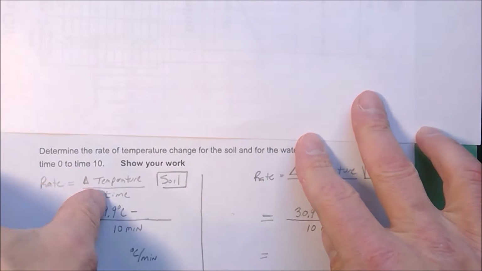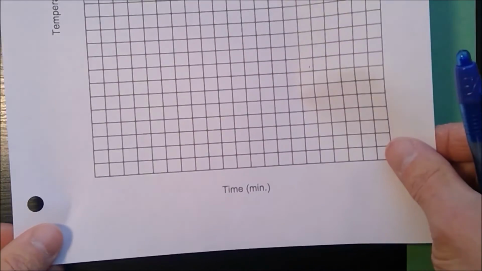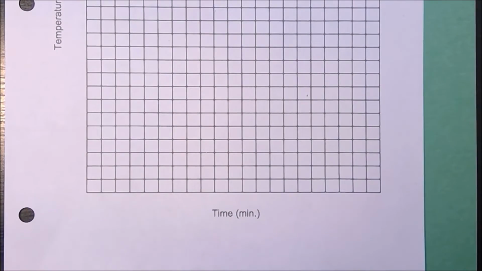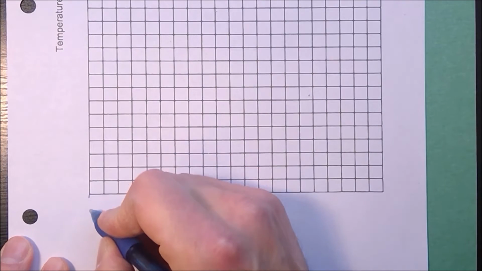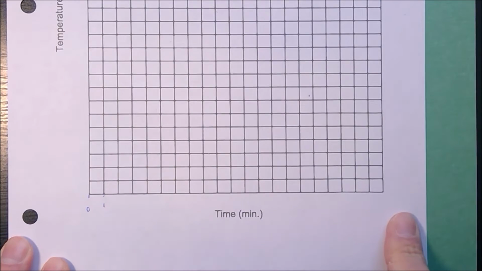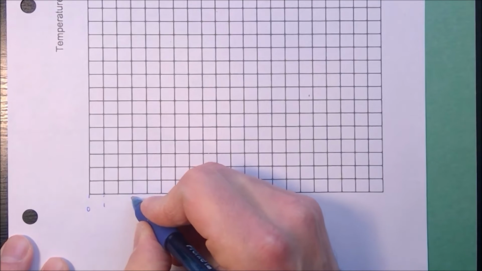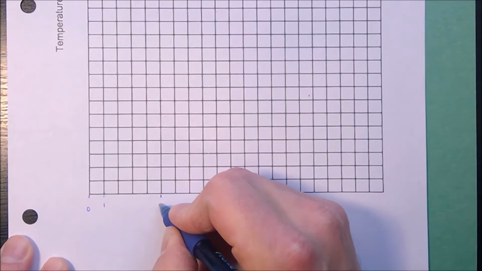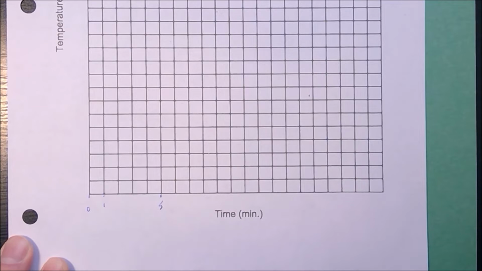All right. So for the graph that you have to do, time in minutes is your horizontal variable because it's the independent variable. I would suggest when you do this scale, you start at 0. There's 21 boxes, so each line is equal to 1. I wouldn't write down every number, but if you need to, please go for it.